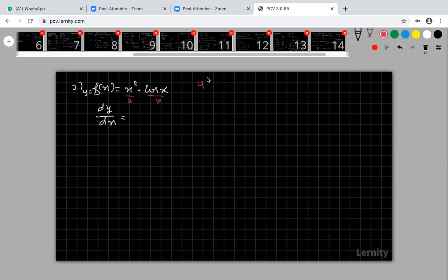What is my product rule? U dash v plus u v dash. You always keep this as first term u dash v. Okay, and u v dash or v dash u. So u dash v. What is my u dash, u differentiation? X square, so differentiation is 2x cos x plus x square into cos x differentiation is minus sin x. So therefore this is 2x cos x minus x square sin x.